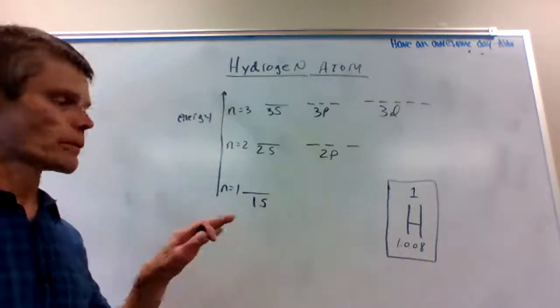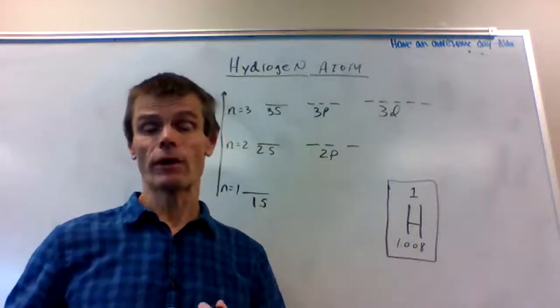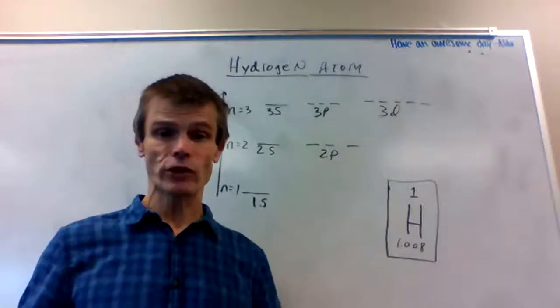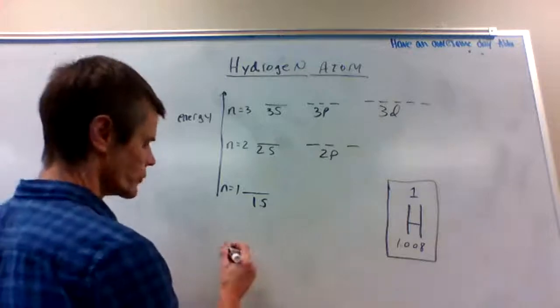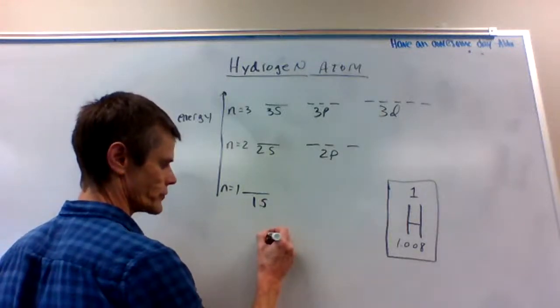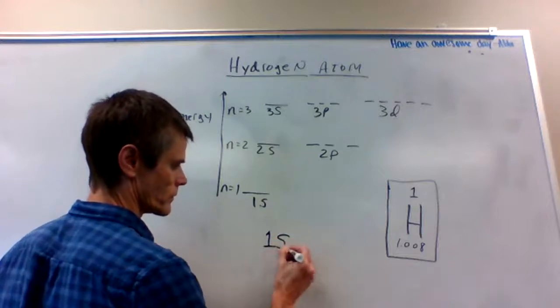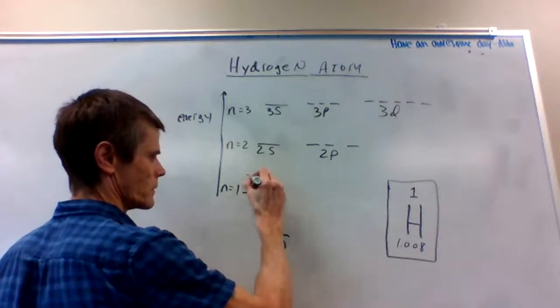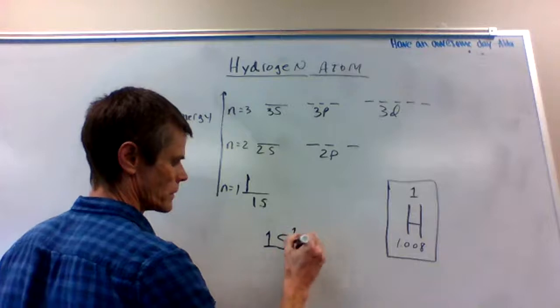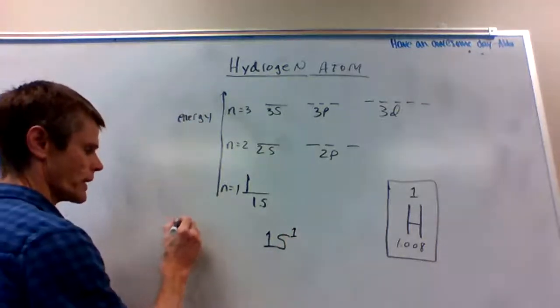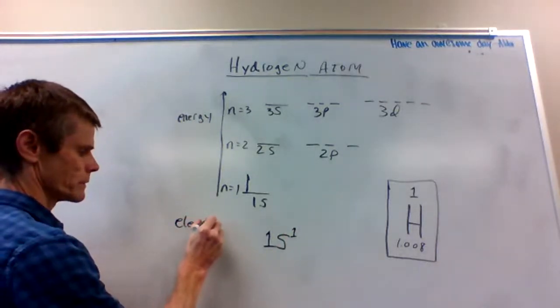And the way we describe the electron configuration for hydrogen is using our quantum numbers that we discussed earlier. There's the electron configuration for hydrogen.